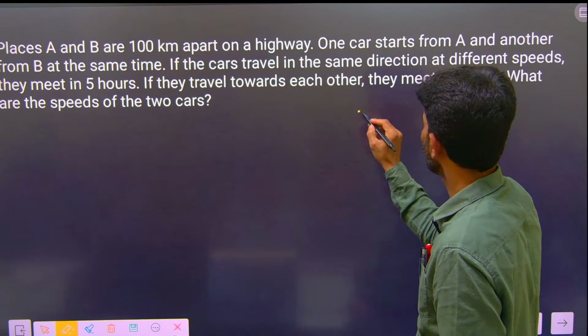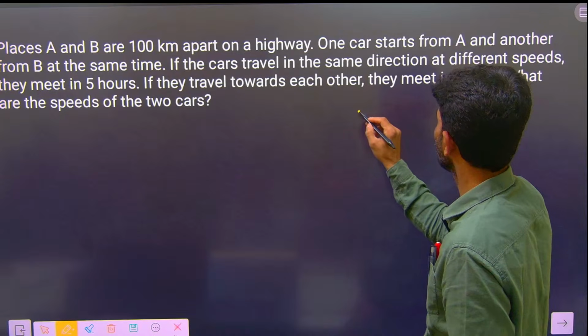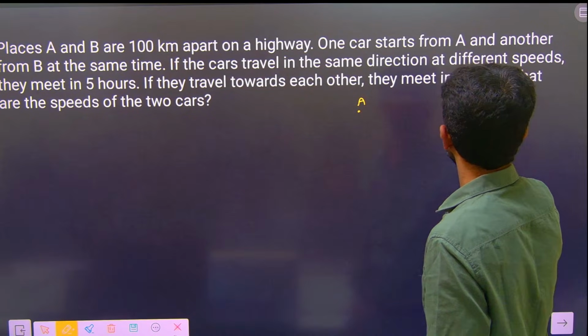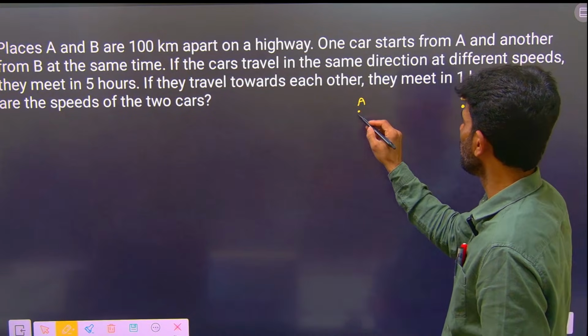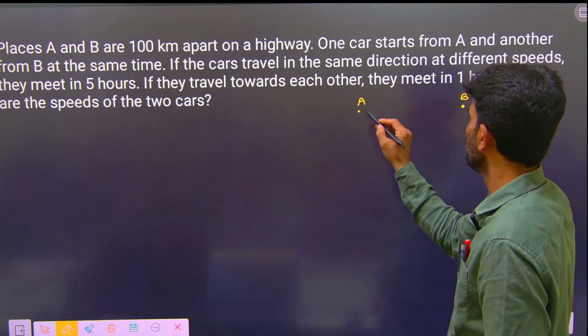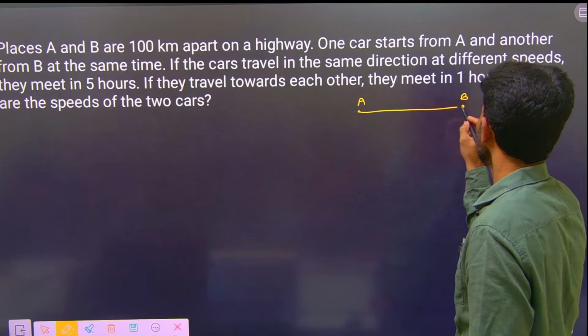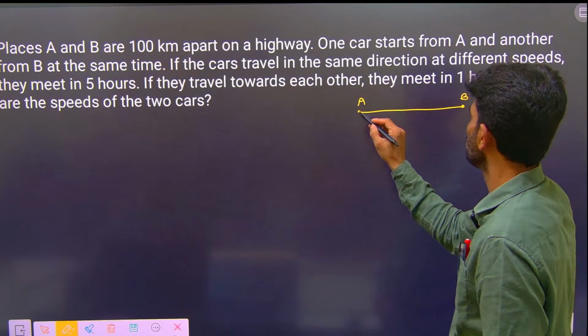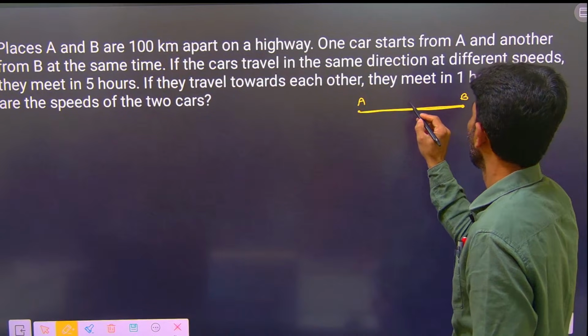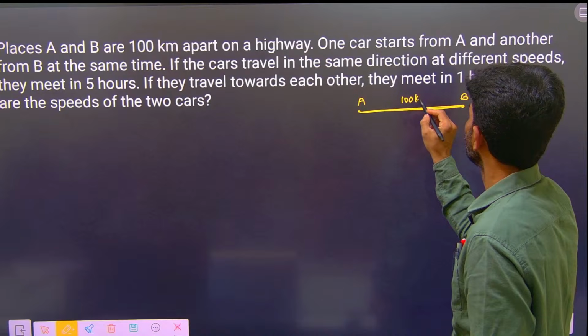How are the two places there? One is at A and the other is B. One car is at A and the other car is at B, and the distance between the two cars is given as 100 kilometers.